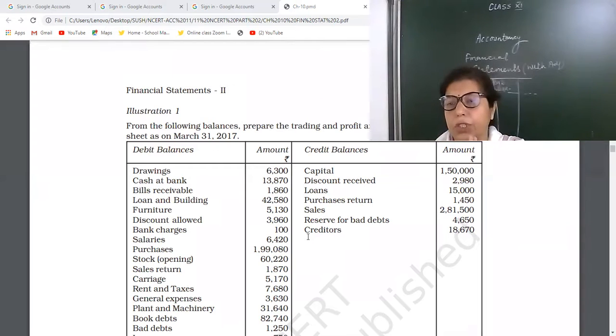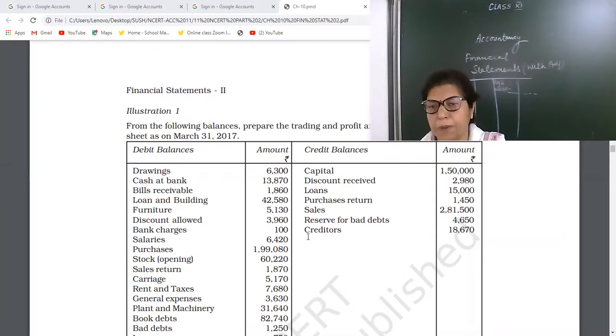All expenditures and losses will be transferred to the debit side of P&L account. And all direct expenses, factory expenses, manufacturing expenses will be shown in trading account. Good. General expenses, P&L debit. Plant and machinery, asset side.